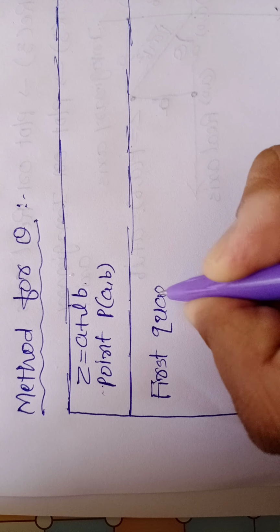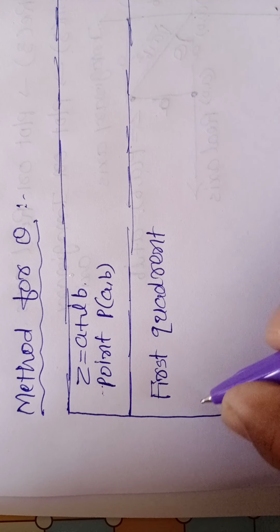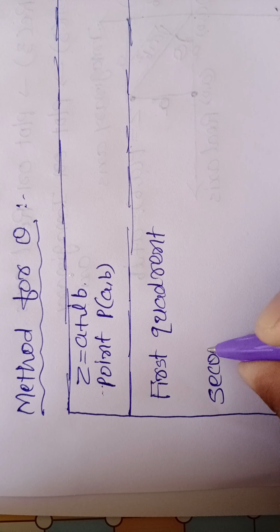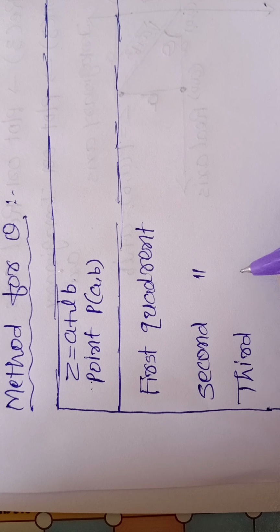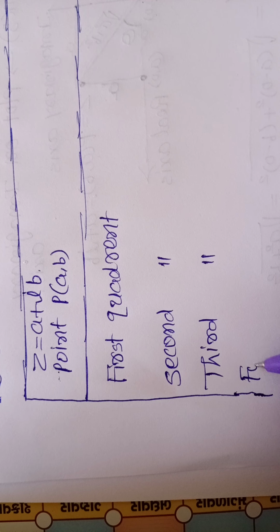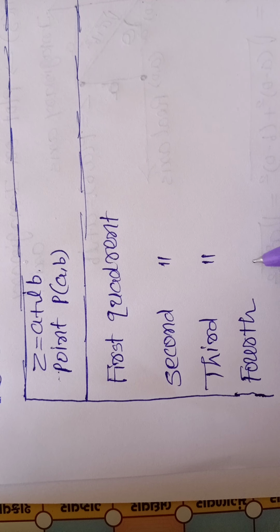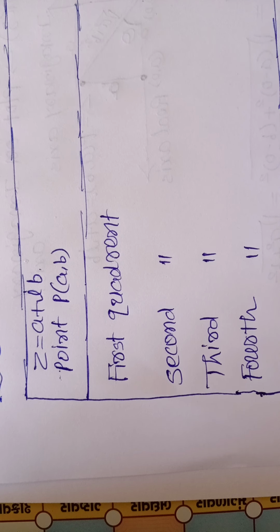I think you know the quadrants, right? First quadrant, second quadrant, third quadrant and fourth quadrant. So quadrant-wise we have to find this argument of z.